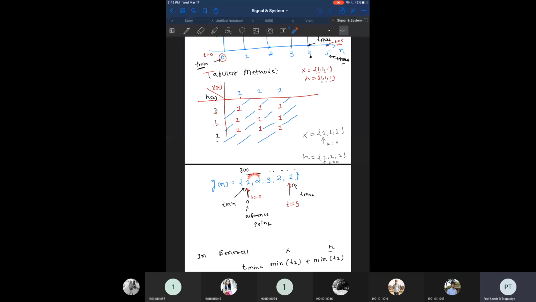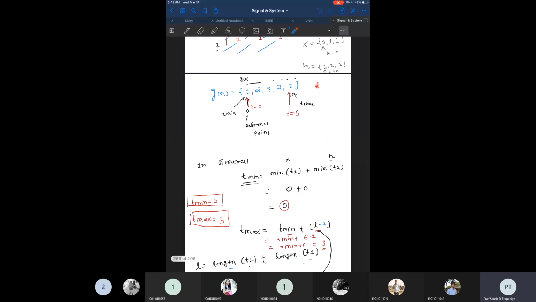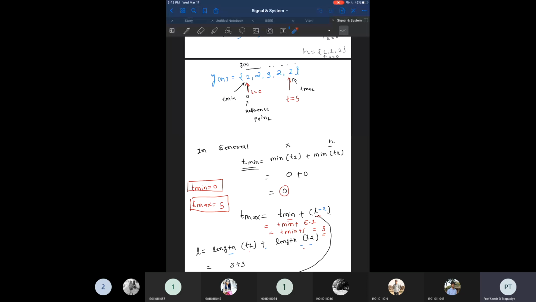For that, we can use this axis. This axis is known as the t minimum axis, in which it is the x axis of y of n, and these are the amplitude values. So first we need to find at which point t is equal to 0, and for that we have a formula. This point is actually the T minimum point, and this point is actually the T maximum point. All other points are located between T minimum and T maximum.